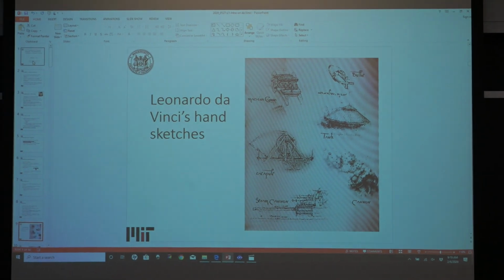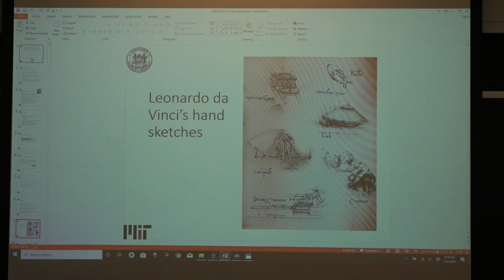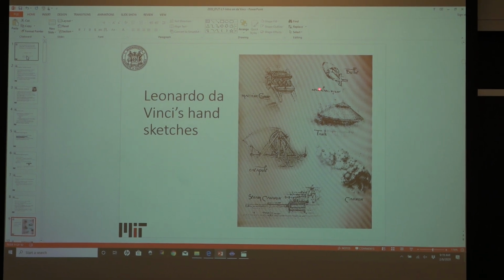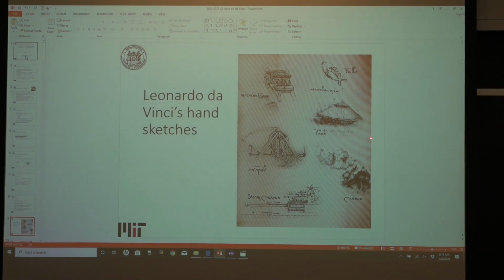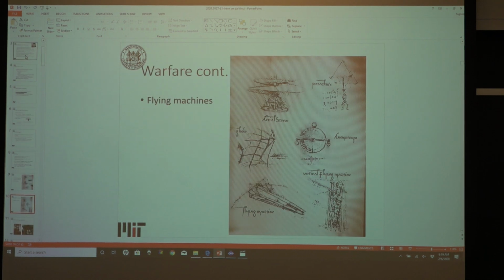So his hand sketches are what we're going to look at for the most part of today's lecture. All right, what we're seeing here, this was the exterior of his tank design. He also designed cannons and catapults, steam cannons, and other types of devices. And the flying machines were a second set that he designed.